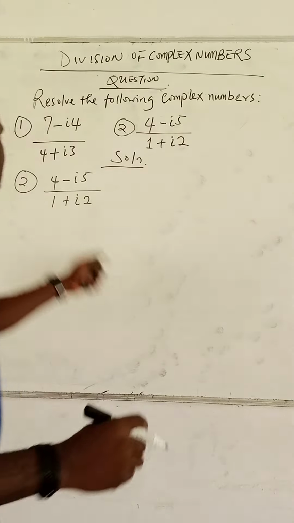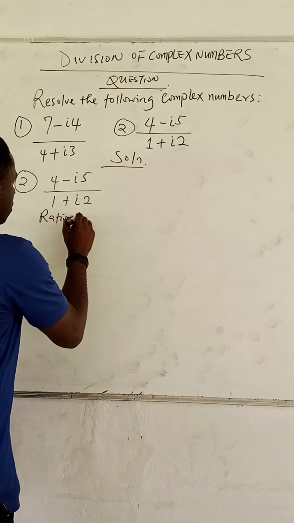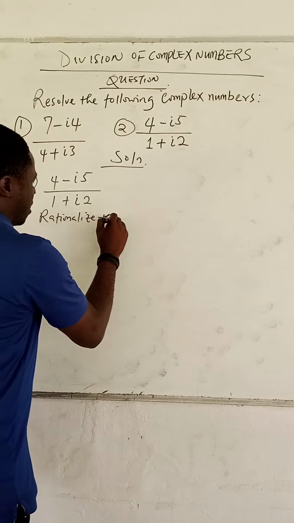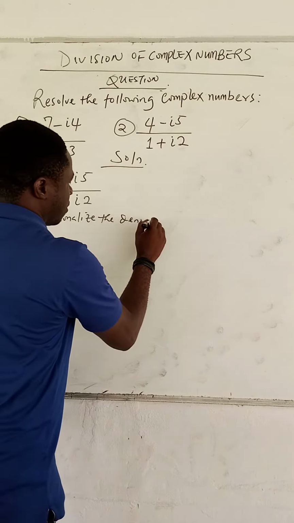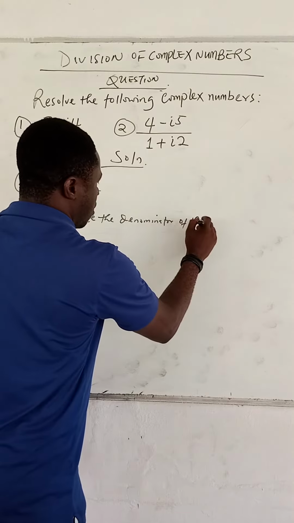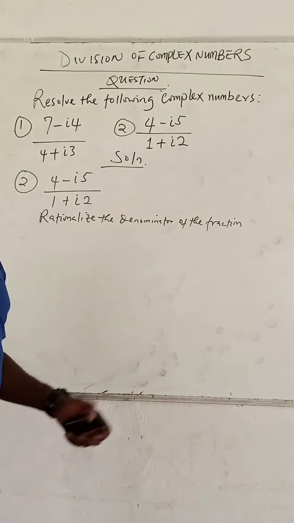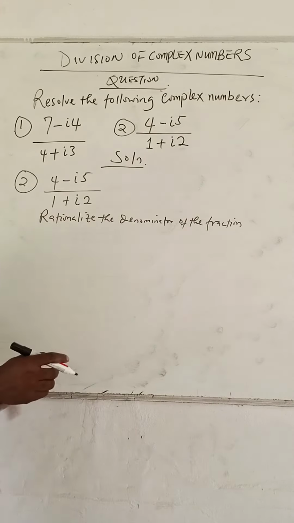Similar thing, we rationalize the denominator of the fraction by multiplying by its conjugate.